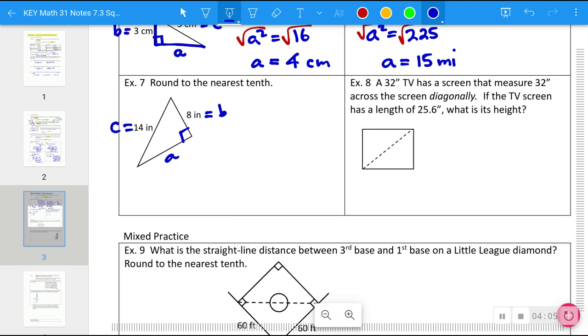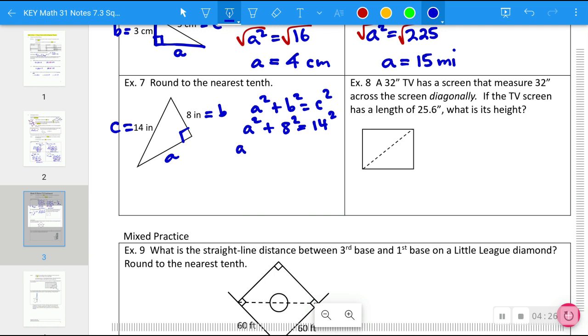Okay, so A squared plus B squared equals C squared. I'm going to go ahead and write down the equation. That's called the Pythagorean theorem. And we don't know what A is, so we'll be content with using a letter to represent it. We're going to use 8 for the B value and 14 for the C value.